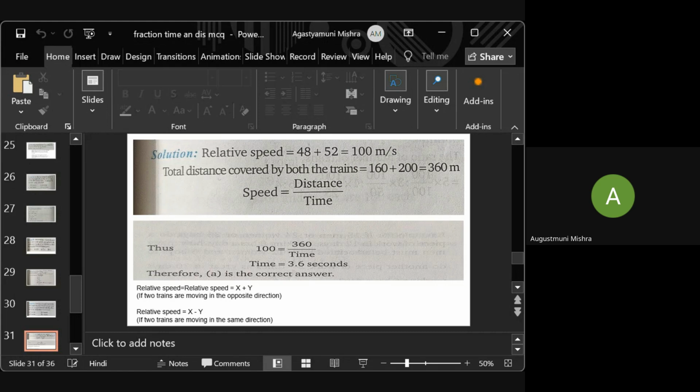I think that is clear to everyone, because it is very easy. If you say so, then only I will change the slide within half a minute. That's why I mentioned this in the bottom of the slide, that you have to keep in mind what the case of relative speed is.